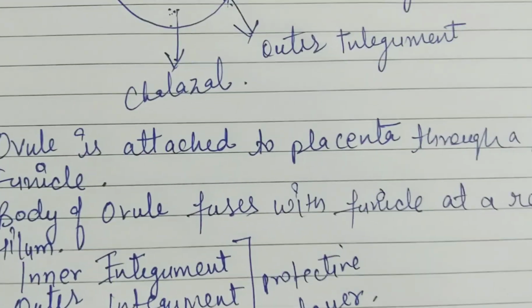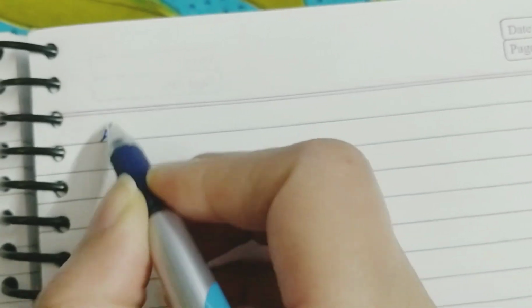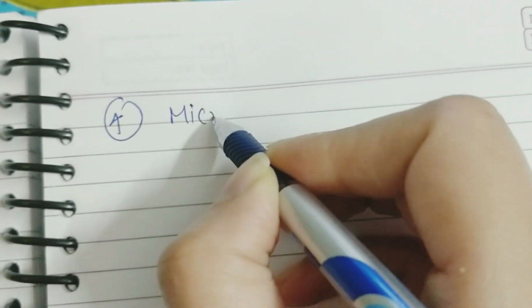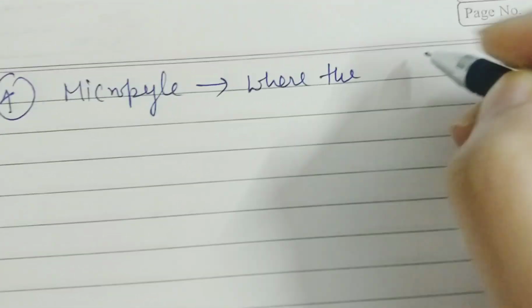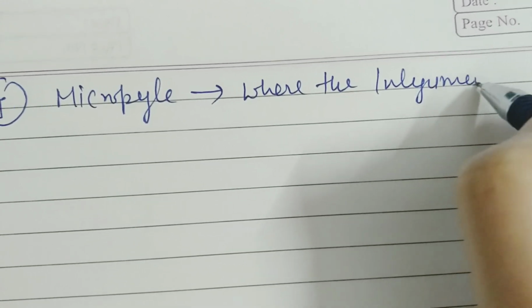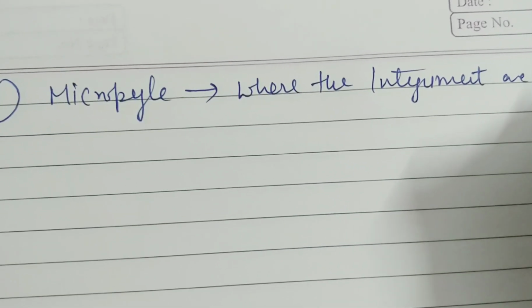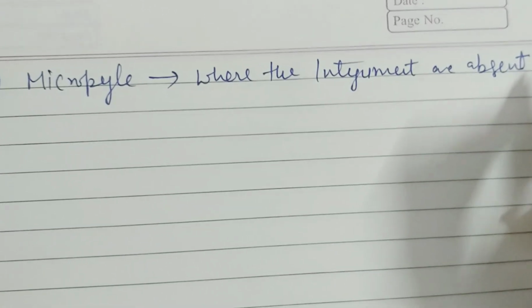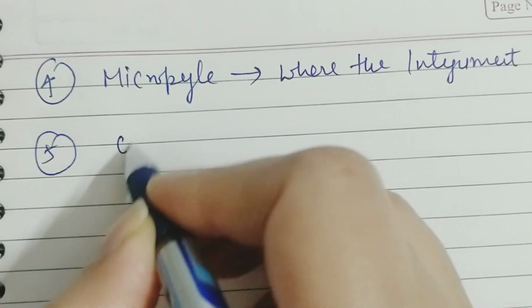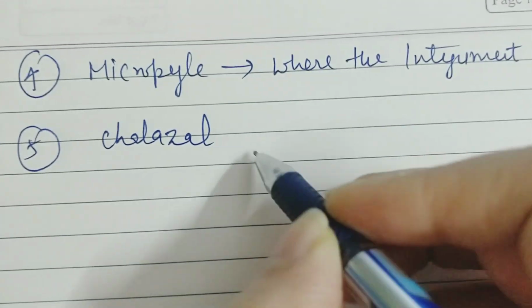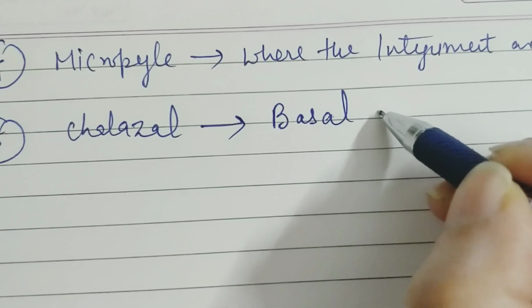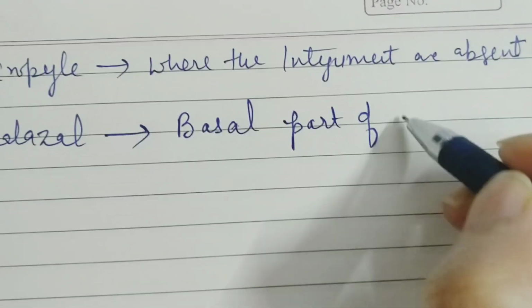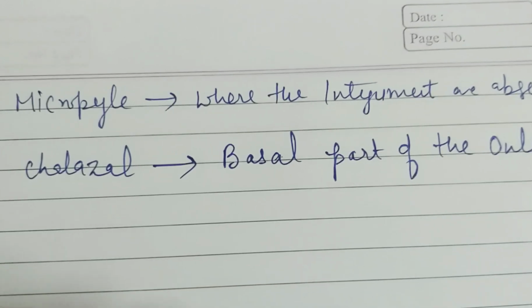The fourth one is the micropyle, where the integuments are absent. The fifth one is the chalaza, which is present opposite to the micropyle, at the basal part of the ovule.